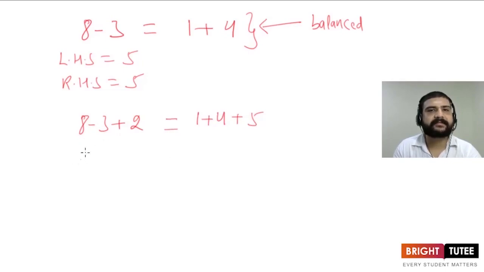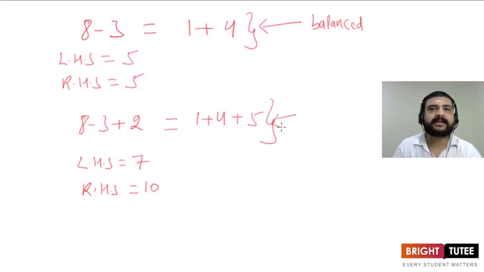Here 8 minus 3 gives us 5, and 5 plus 2 will give us 7. So LHS is 7, and what is RHS? Here 1 plus 4 is 5, and 5 plus 5 gives us 10. So LHS is 7, RHS is 10, and they are not equal. Hence we can say the given equation is unbalanced.